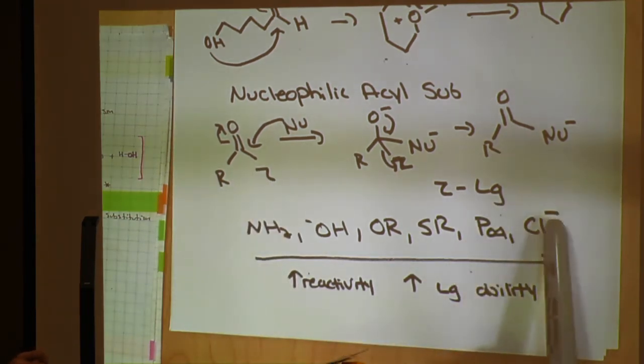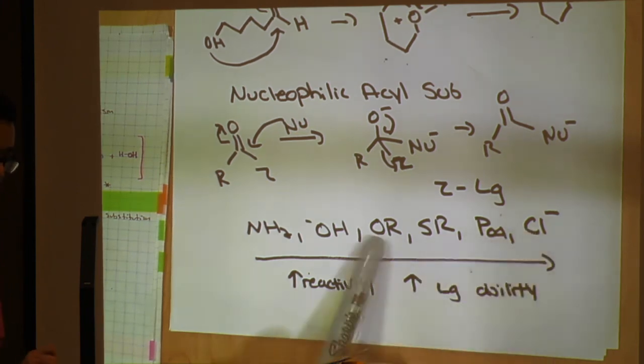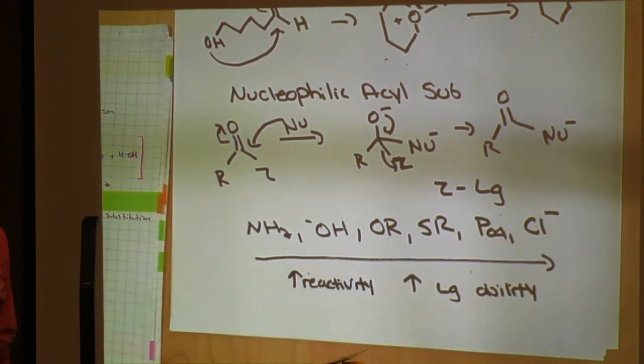You want your Z group to always be further right on this list than your nucleophile, because if it isn't, no reaction happens. For example, if my nucleophile is chlorine and my Z group is hydroxide, like we said, you stick with the carboxylic acid. The chlorine is just going to leave right back when you bring the electrons down.